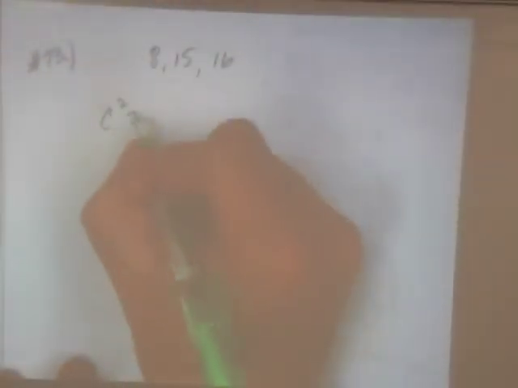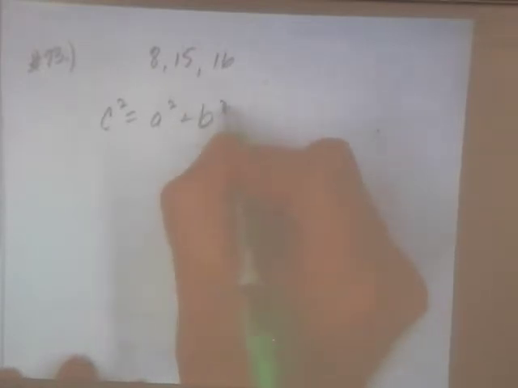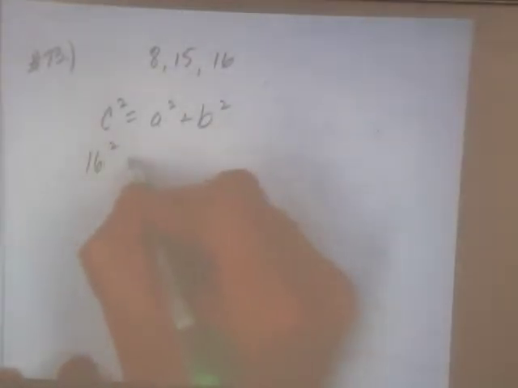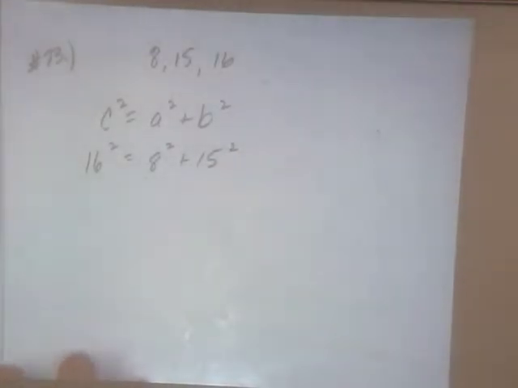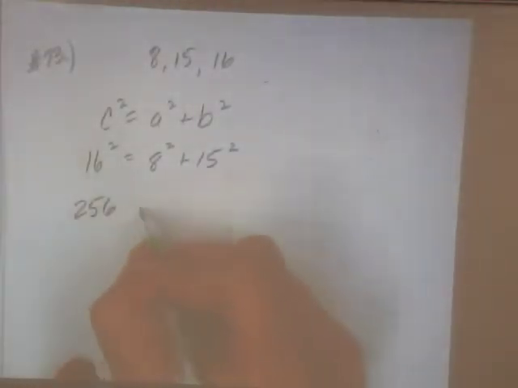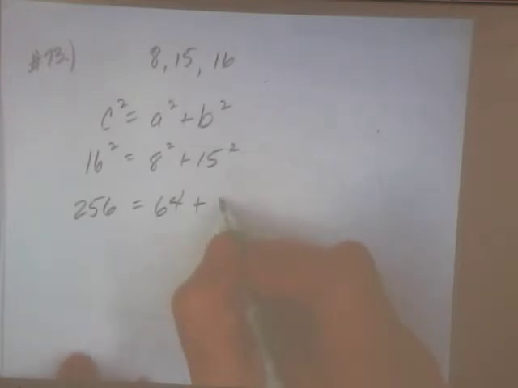They give us sides of 8, 15, and 16. So C squared equals A squared plus B squared. So I got 16 squared equals 8 squared plus 15 squared. Don't forget the C is always the biggest one. So 16 squared is 256. Very good. 64 plus 225.